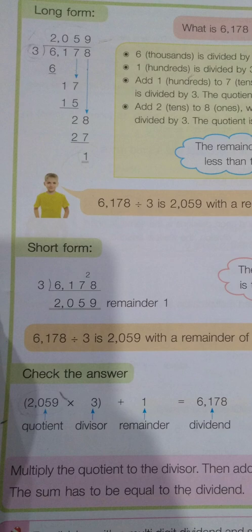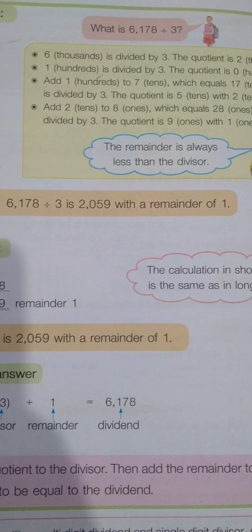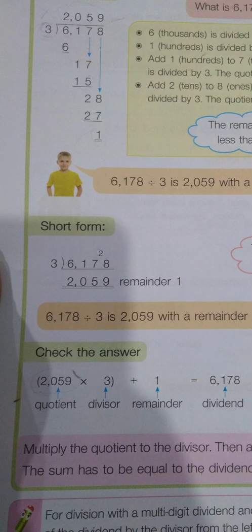And then 28 divided by 3 is equal to 9. So 6,178 divided by 3 is 2,059 with a remainder of 1.